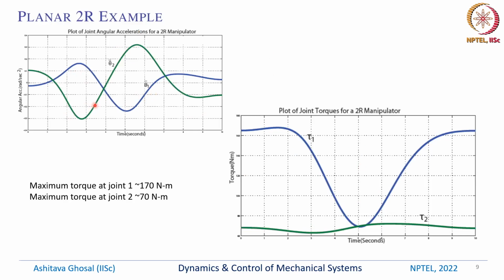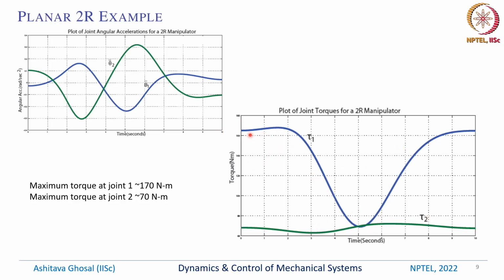So it's not very important to see what are these numbers, but this is over a period of 10 seconds. The x-axis is 10 seconds and the y-axis is, in this case, theta 1 double dot and theta 2 double dot. So as you substitute back in the right hand side of the equations of motion, we can plot tau 1 and tau 2 as a function of time.